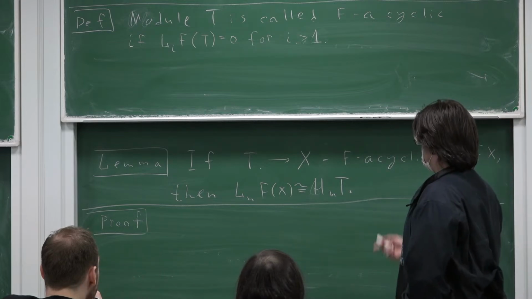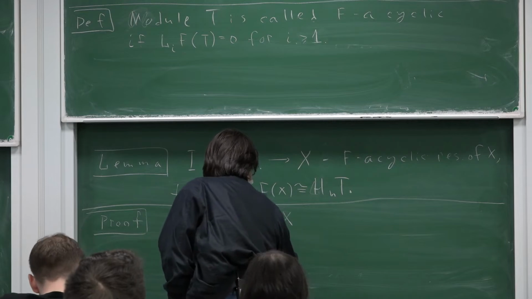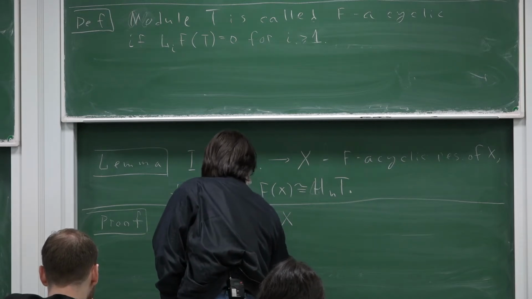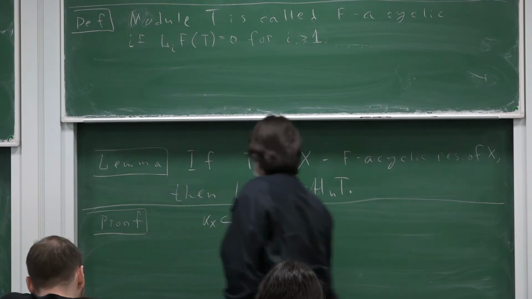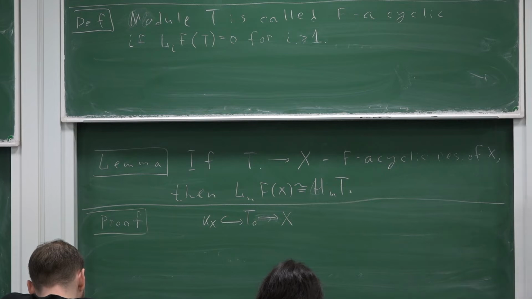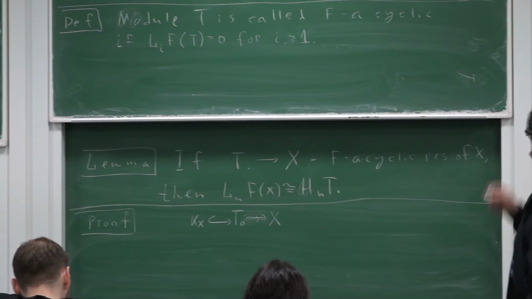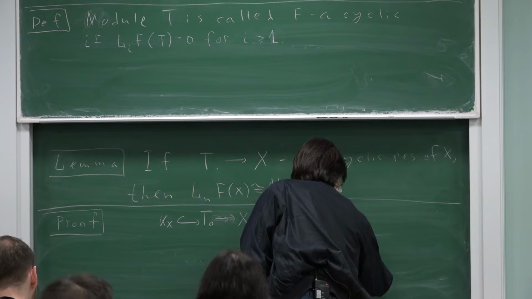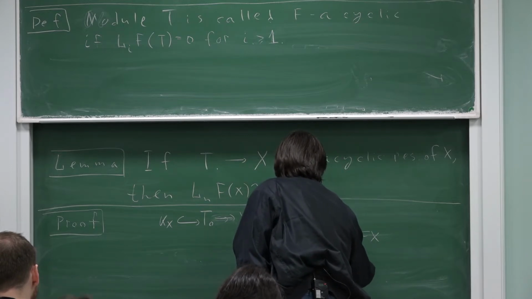Let us take the beginning of this resolution. We have X, T0 and some kernel, and it is a short exact sequence. Now we can apply our functor F and obtain a long exact sequence.